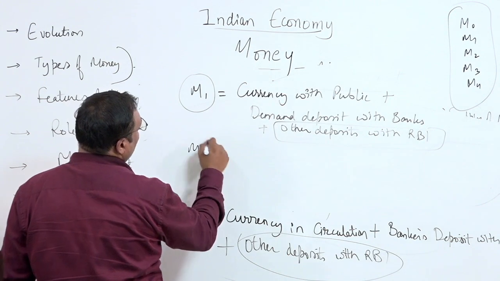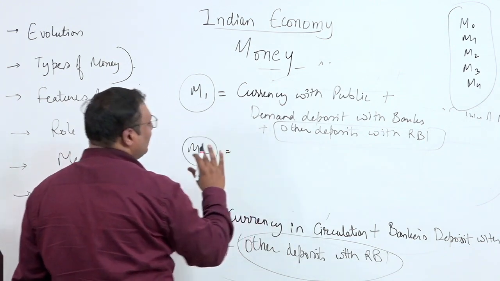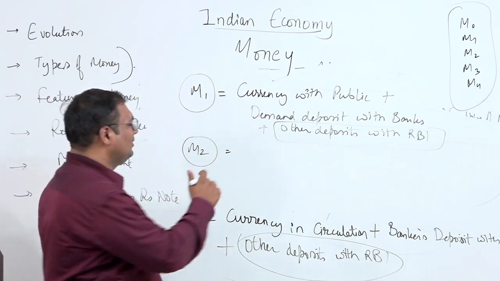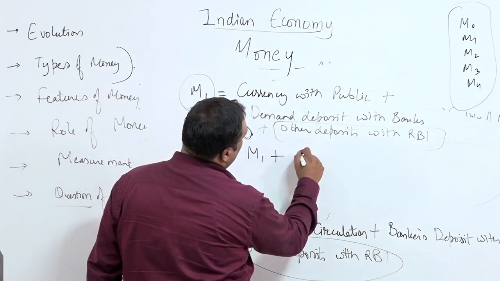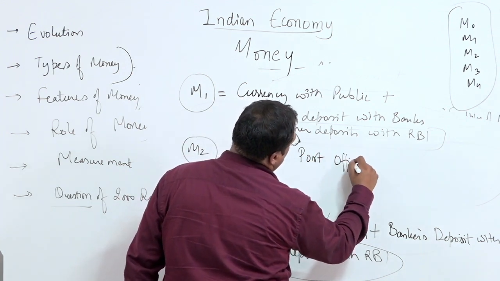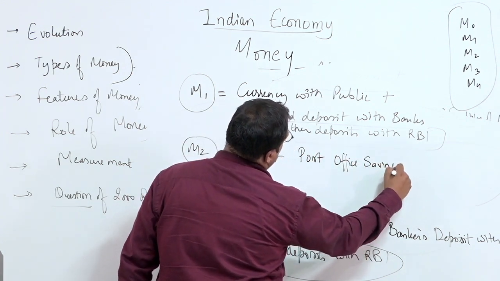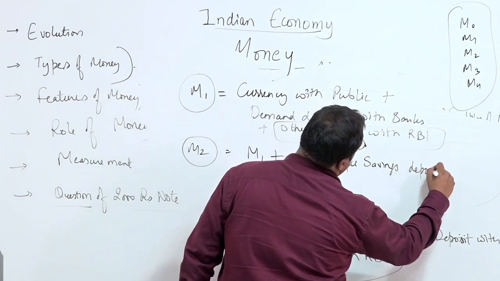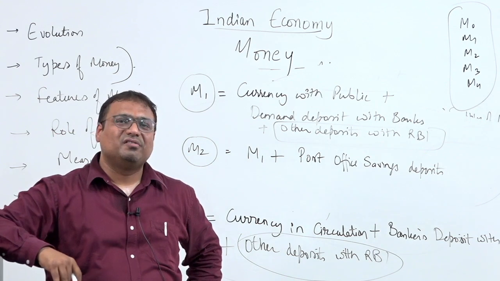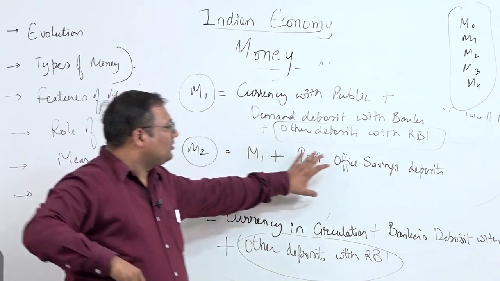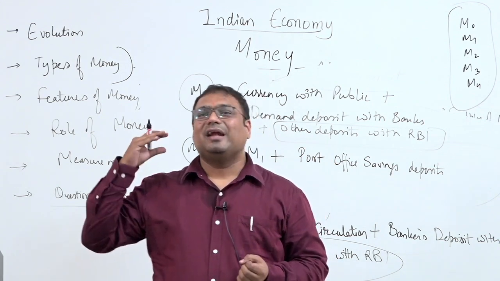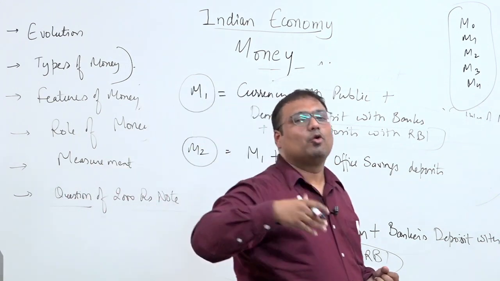What is M2? Now that is not very relevant and important in the modern context, because that is M1 plus post office savings deposit. Some people still keep money in post office savings accounts, and that money is also something they can withdraw when they want.